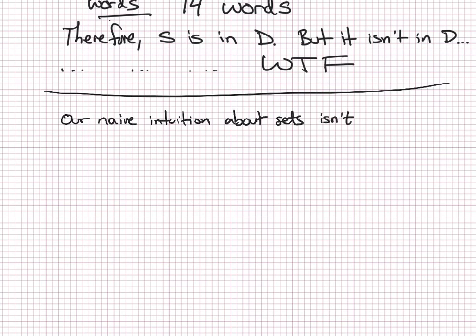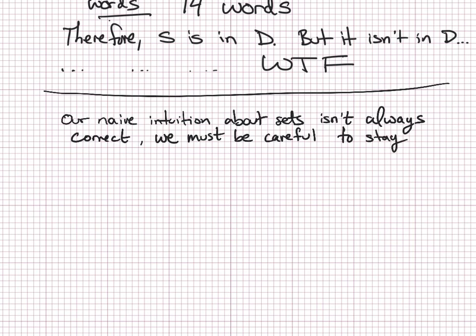You know, how to describe them, what elements live in them, etc. So we have to be careful. What this means is that you have to be on the right logical footing so that you don't fall into traps like this. So we must be careful to stay out of trouble.